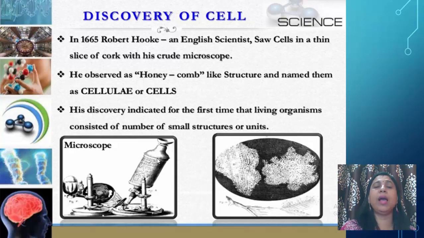He observed a honeycomb-like structure. That is why he named them as cellulae or cells, which means rooms. His discovery indicated for the first time that living organisms consisted of a number of small structures or units.